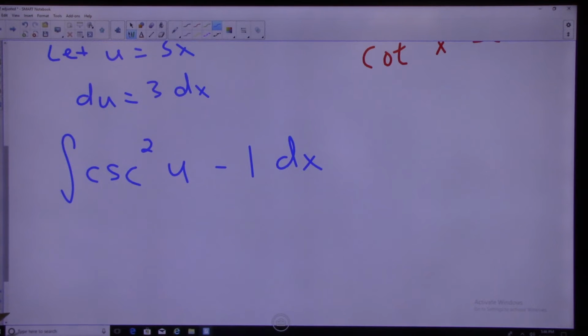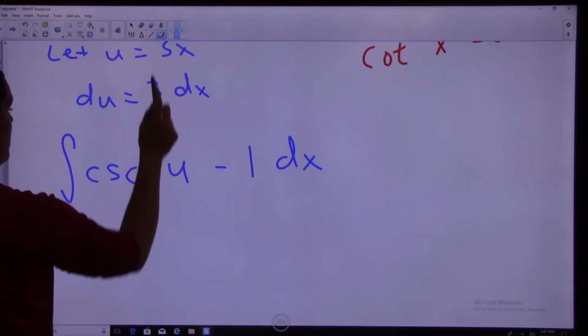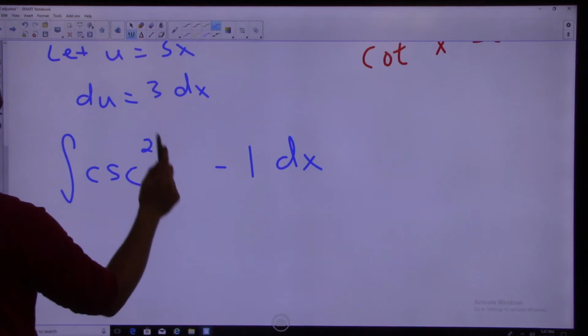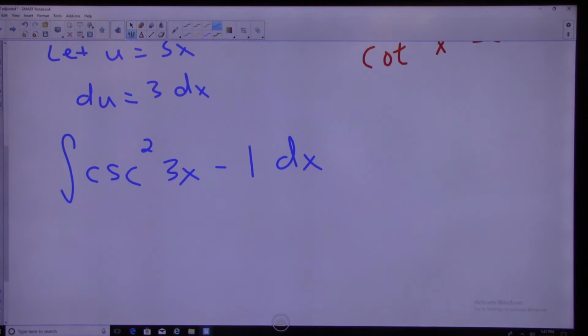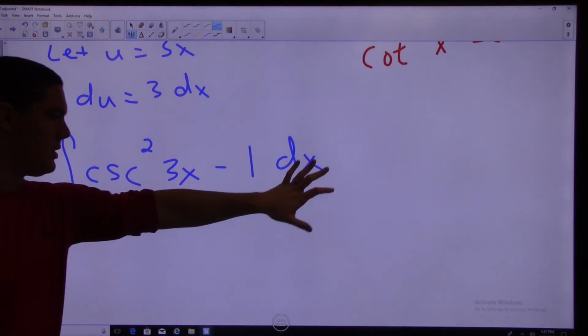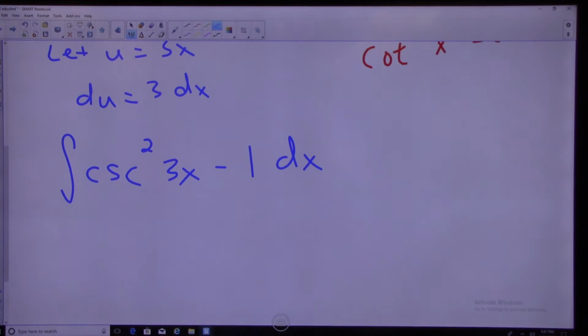Now hang on a second here, guys. Let me adjust this here. So using properties of integrals, let me rewrite this function here. Let's keep it as 3x, so we don't have to worry about this minus 1 dx. Don't let that confuse you here.